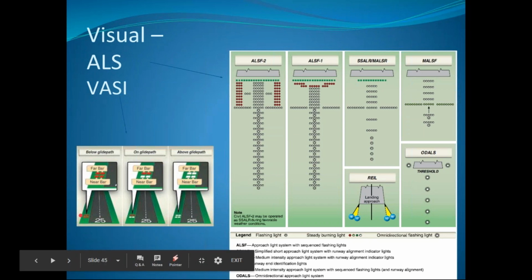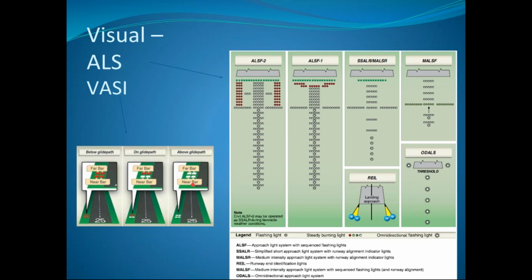And instead of 4 lights, 2 on top of each other, it'll be 4 lights to the left, so horizontally. In this case, you can see that this is indicating where the pilot is in reference to the glide path or glide slope into the runway.